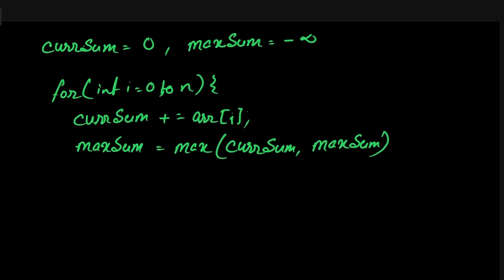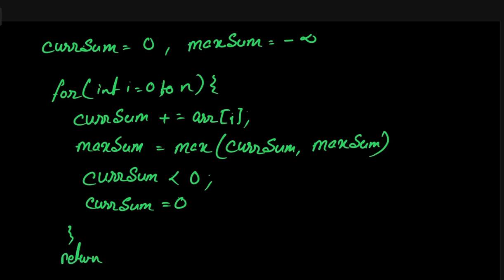Further, here is our main crux: it will check if the current sum is less than 0, then current sum will be 0, and after that it will return the max sum.